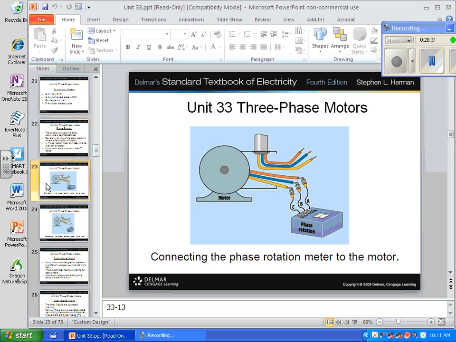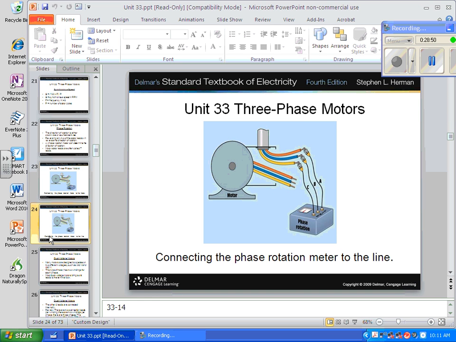Right there we have a phase rotation meter connected. You notice it's just connected to the motor. So if we just spin the motor, it'll tell us what is going on here. Is this ABC or is it BAC? Then we can do it to the line and find out which way we want this thing hooked up.